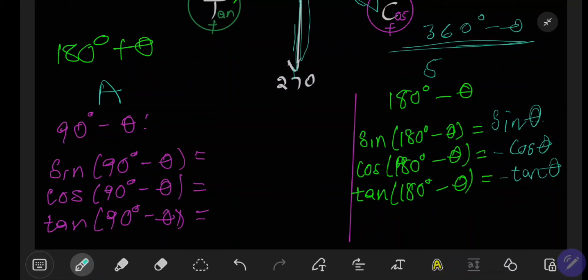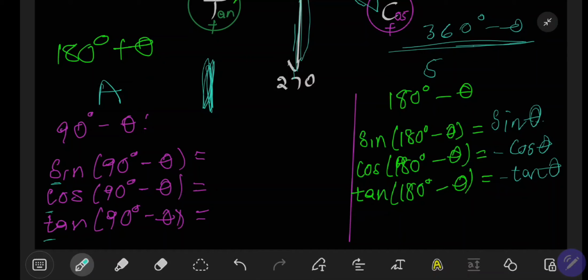to our CAST diagram. All right, so here, because we are working on the vertical line, these trigonometric ratios will change to their co-ratios. So sine will change to its co-ratio, cos, and then cos will change to its co-ratio, which is sine, and then tan will change to what we call the co-tangent.